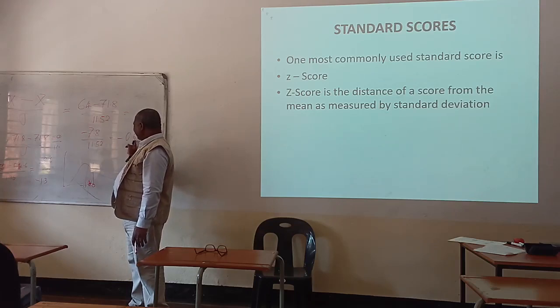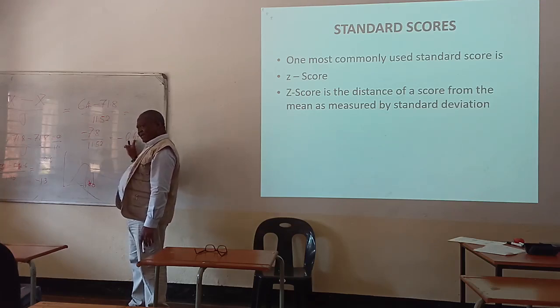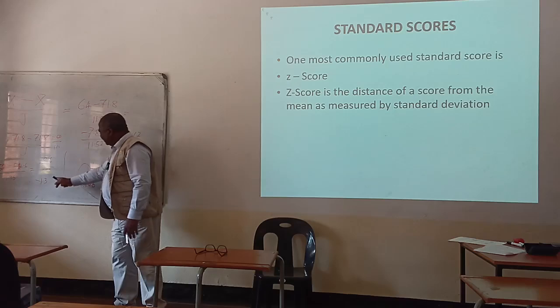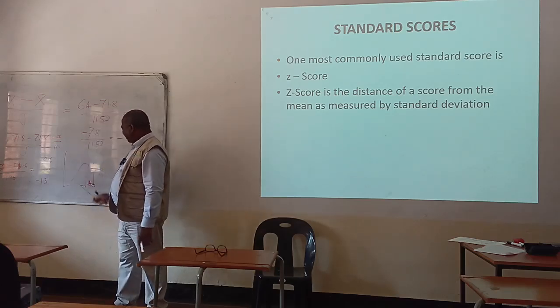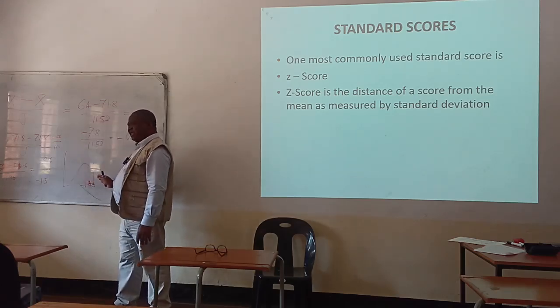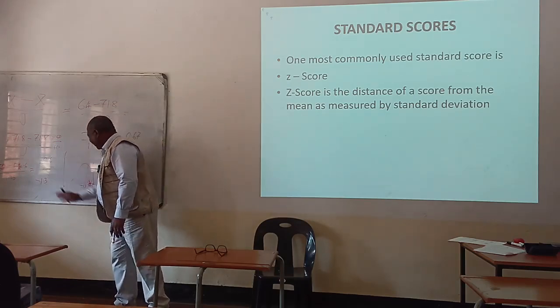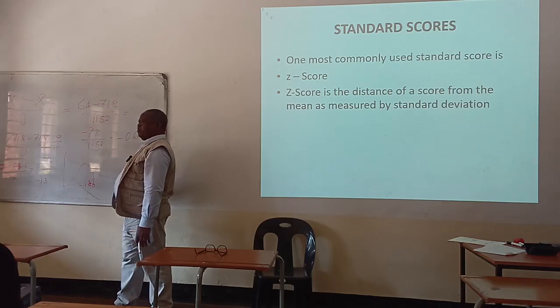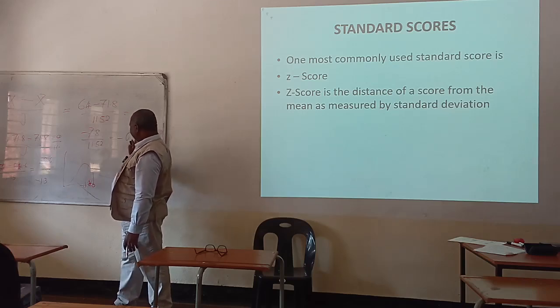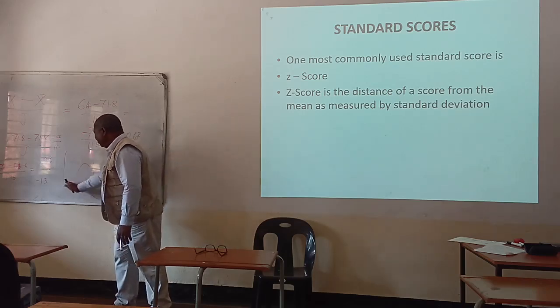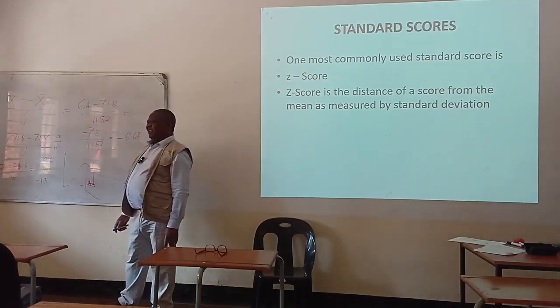So it means that he performed better in this class than this class, because the majority of his colleagues in this class are above him, whilst in this class they are below him. Okay?